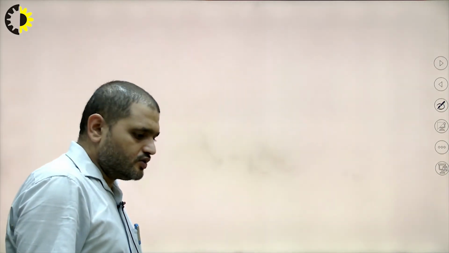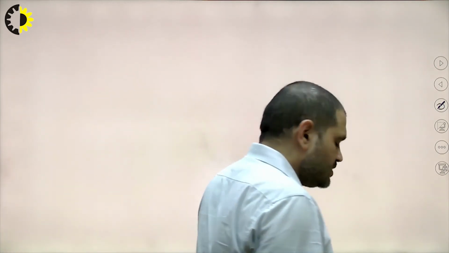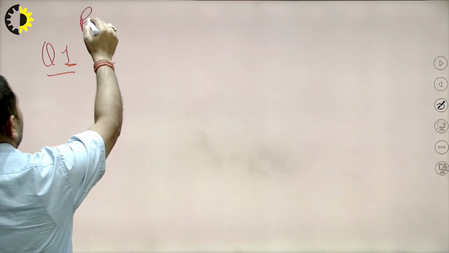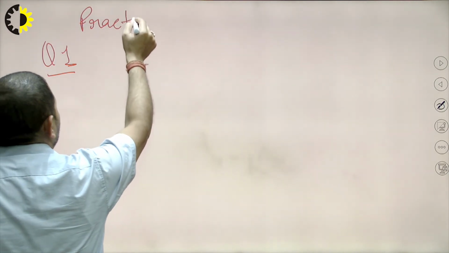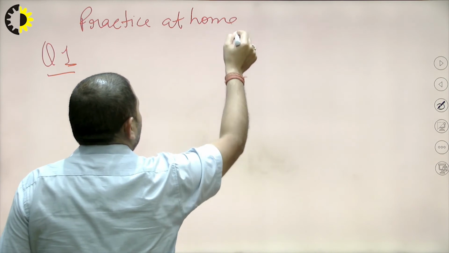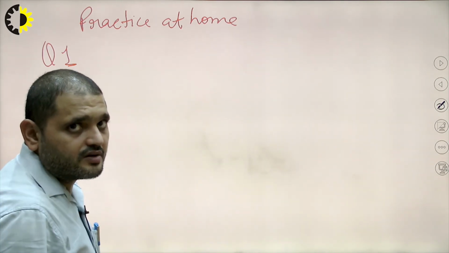Now I am writing two numericals which you have to practice at home. Question 1 is, you have to practice this at home, and if you find any problem, you can always contact me.